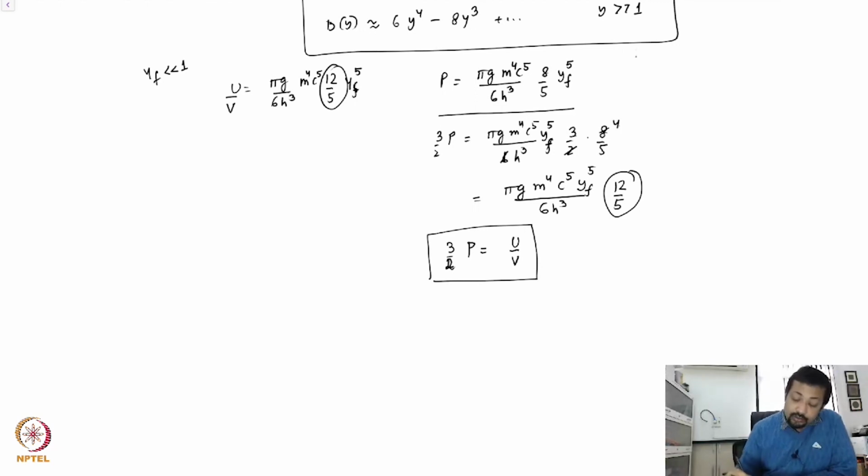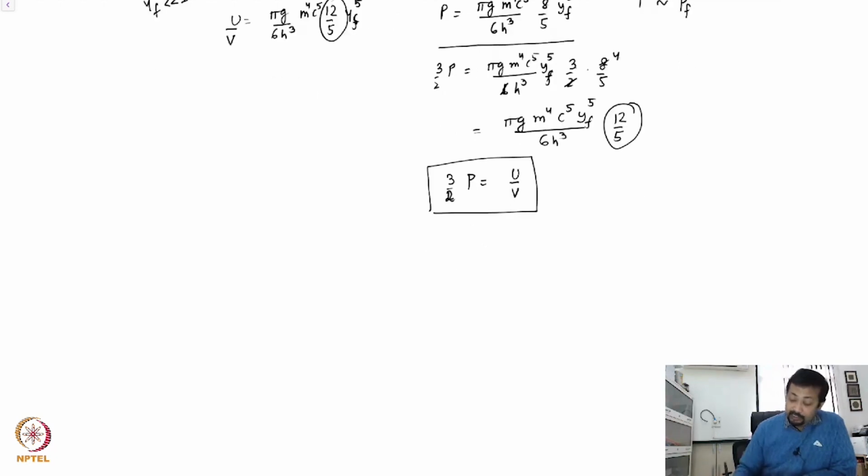You should also know that the pressure is proportional to p_F to the power 5, just as we found out when we did the degenerate Fermi gas. Now comes the other limit, y_F much larger than 1.